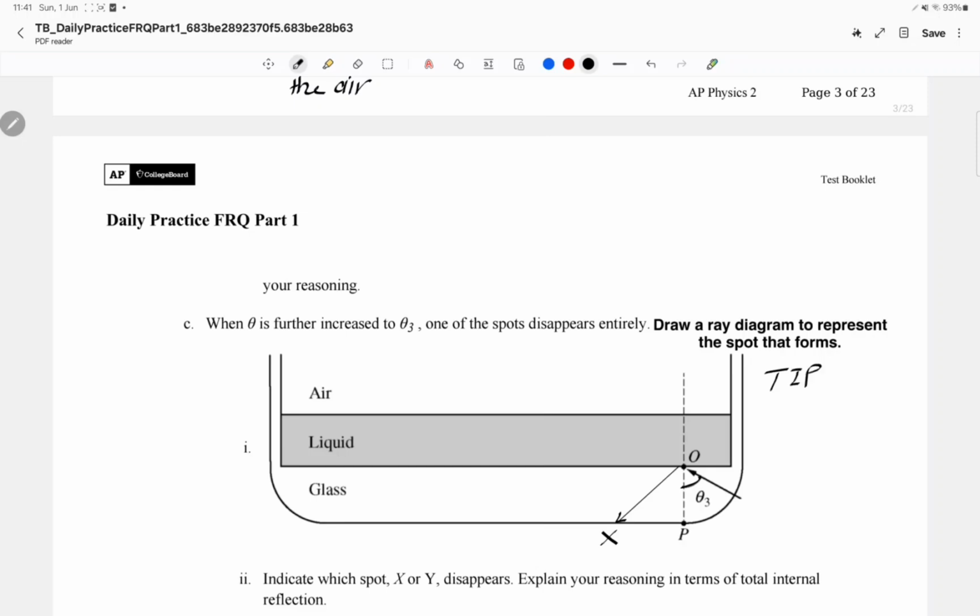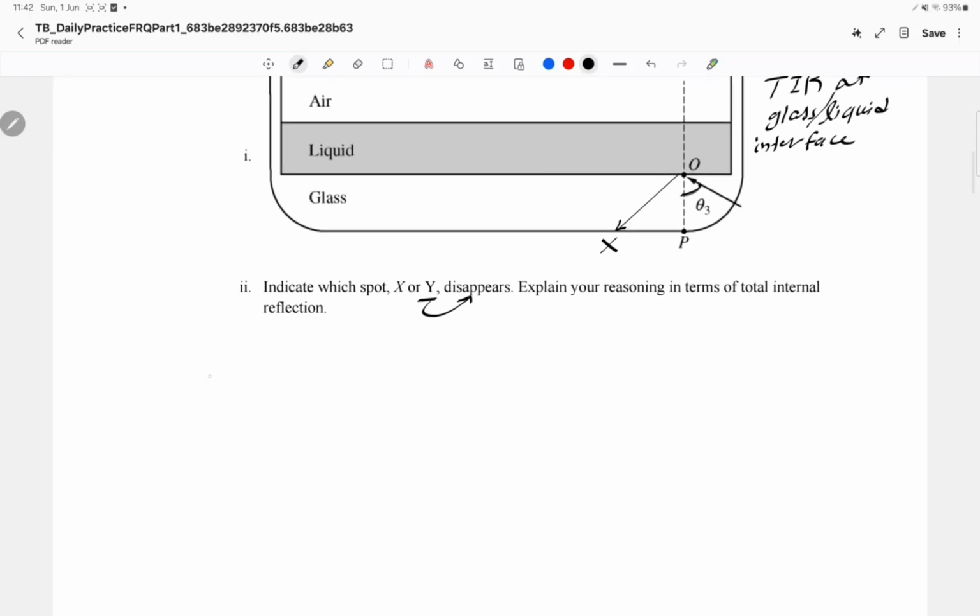Because we're going to be having TIR at the glass liquid interface, and so no light will exit into the liquid, and so spot Y is going to disappear.